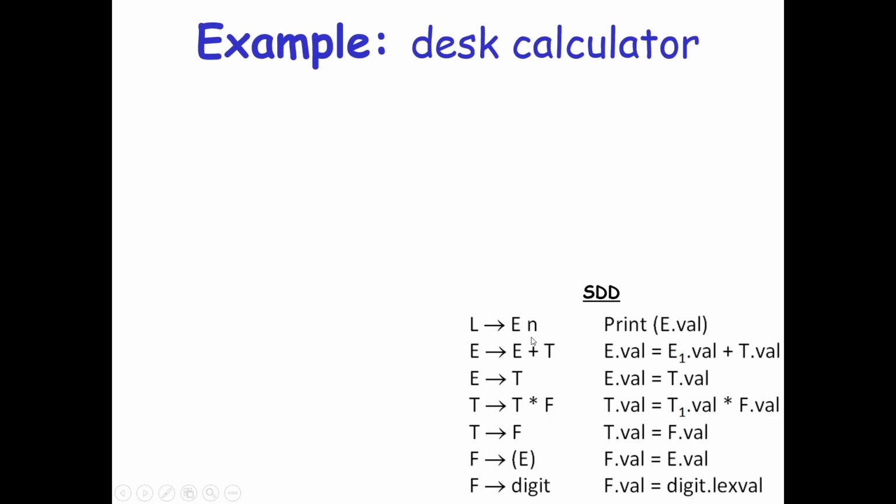Then these are the syntax directed definitions corresponding to each of the productions, which explain how the values for the attribute, here the attribute itself is defined as val, can be computed. That is this SDD. So here we are trying to explain how we can evaluate the value of the attribute, and how we can build the translators.